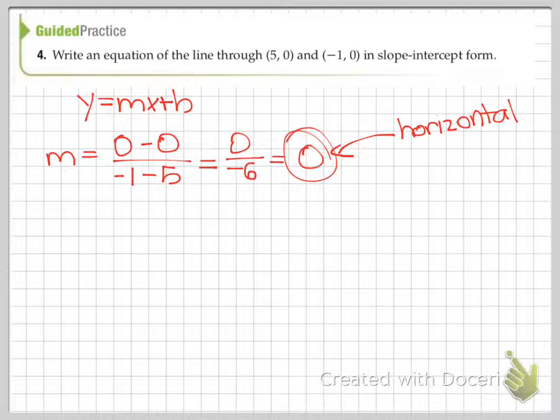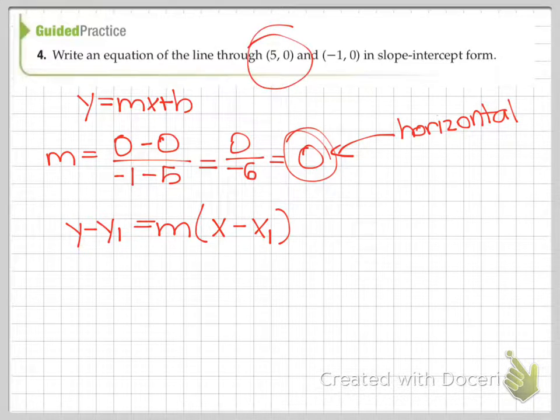So if we put that into point slope, y minus y1 equals m times x minus x1, I'm going to plug in, I'm going to use my first point here. So that's y minus 0 equals 0, my slope, times x minus 5.